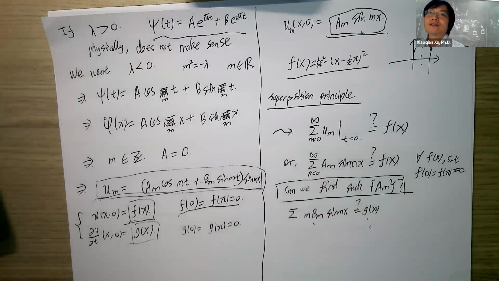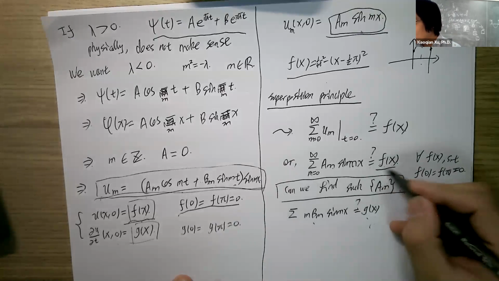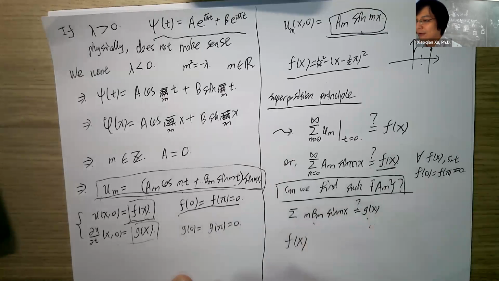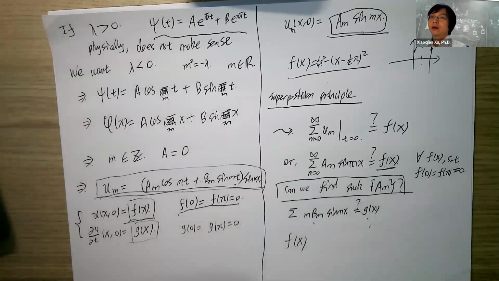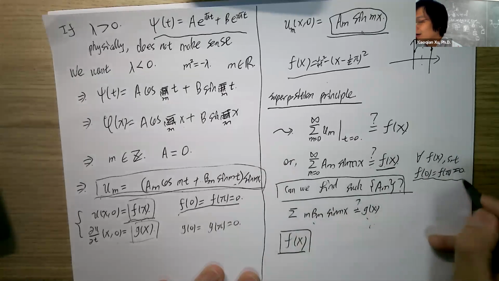Later, Fourier did a lot of study and made some progress on this problem. So now what we are going to learn is whether you are able to find this kind of trigonometric series to approximate an arbitrary function with this kind of condition.